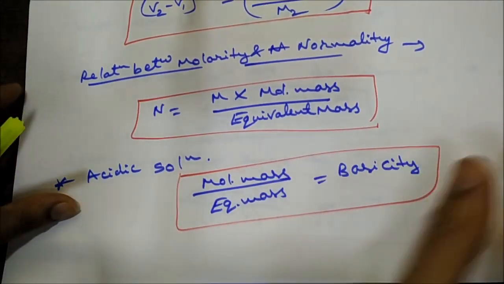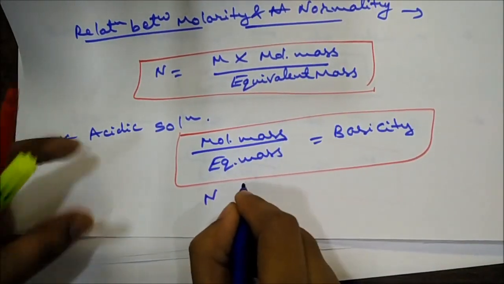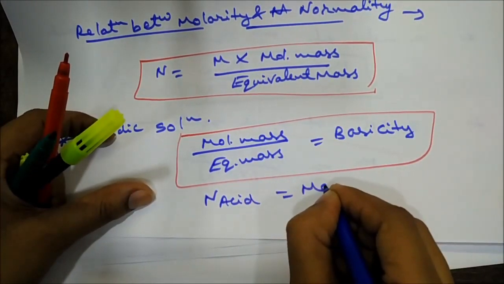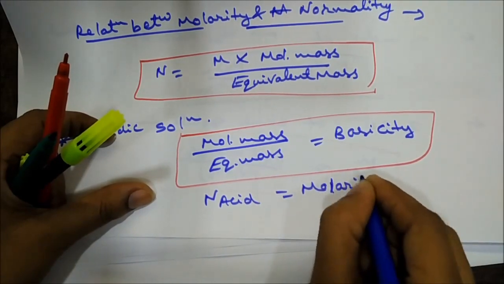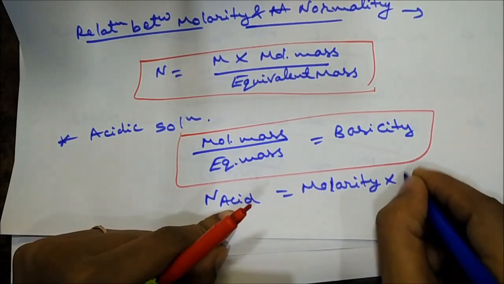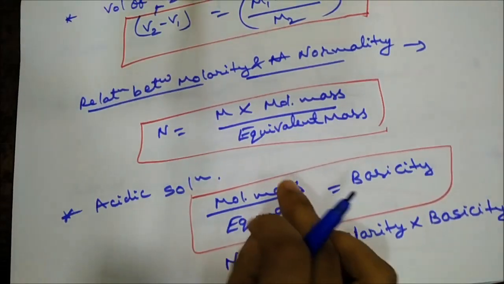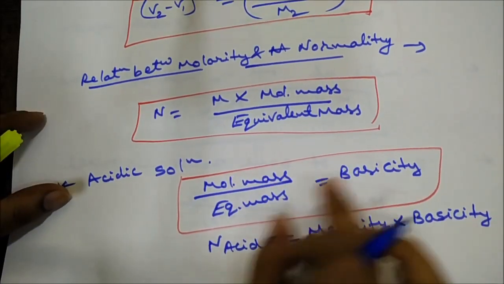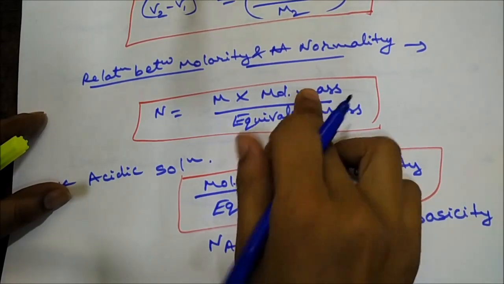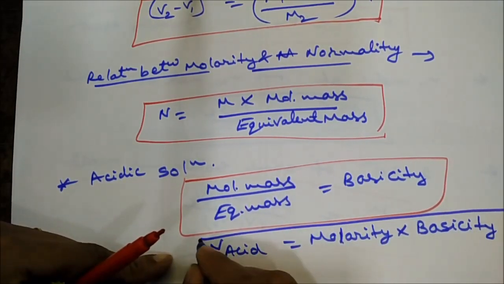So N of acid will be given by molarity into basicity. By putting the value of this molecular mass upon equivalent mass, here we are putting basicity, so it will be like this.